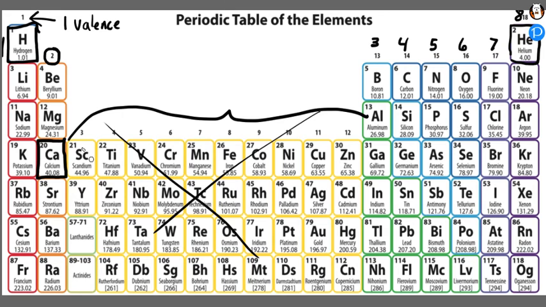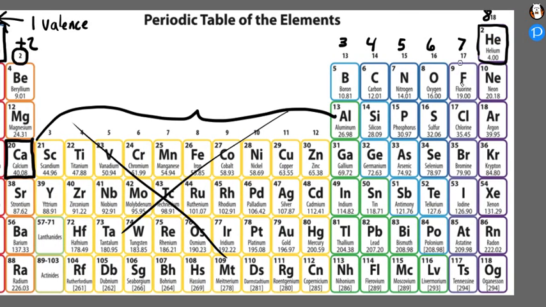The pattern is over here we see these positively charged ions. These guys over here in group 2 form ions that have a charge of +2. The guys in group 1 have one valence electron. They typically lose that valence electron, and so they form charges of +1. But on this side of the periodic table, group 17 or group 7A, they have 7 valence electrons.